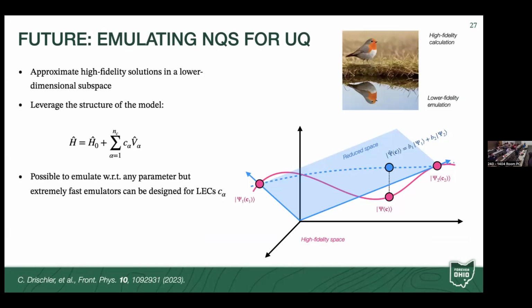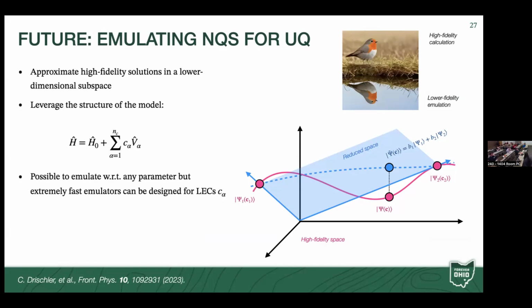The reason why we want to do this is because these neural quantum state calculations, even though we're making them incredibly more efficient than they've ever been before, still take quite a bit of time on GPUs. And if we were to try and actually do proper uncertainty quantification, we'd need to solve this for many different LEC values. So it would be nice if we could get an approximation to these neural quantum state calculations without actually having to.